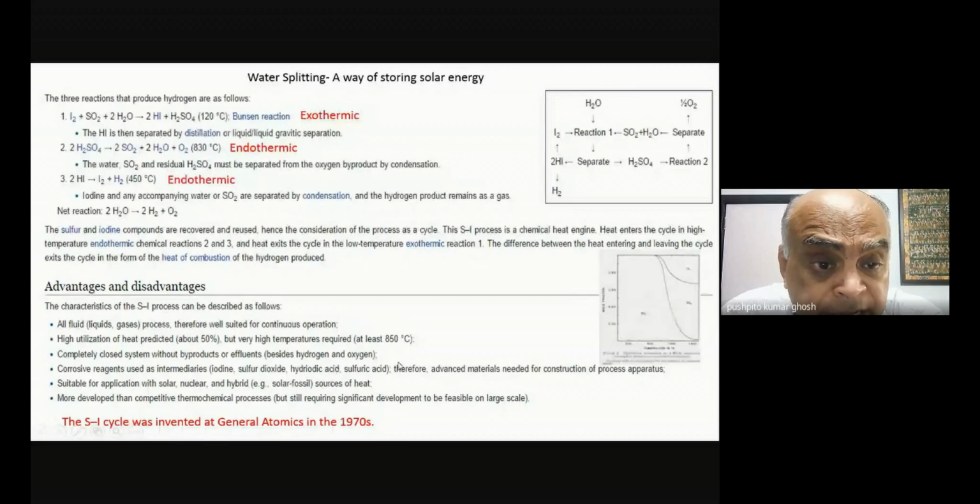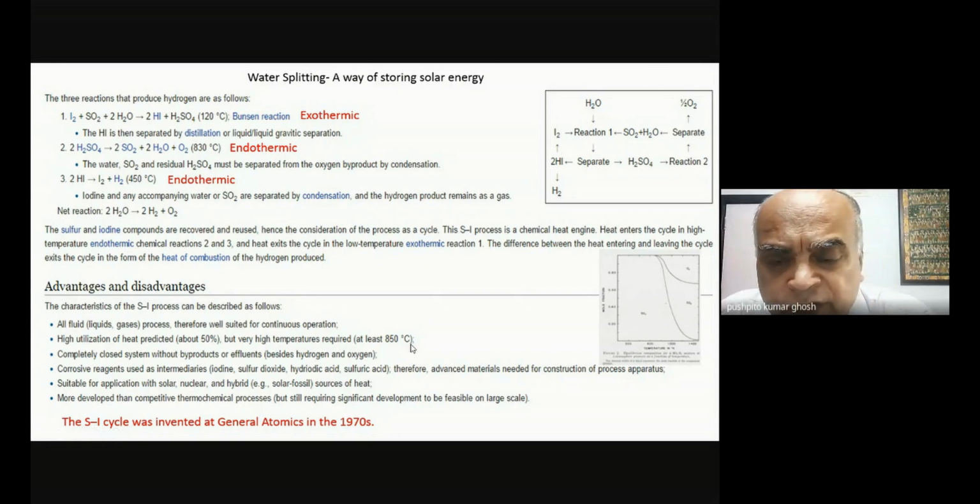Apparently, the heat utilization efficiency is about 50%. And he calls it high temperature. 850 degrees centigrade, of course, is a high temperature, but much less than those 2000, 3000 degrees centigrade temperatures that we talked about. And it is achievable. It is not beyond solar energy to achieve these.